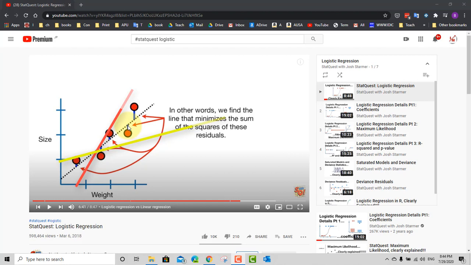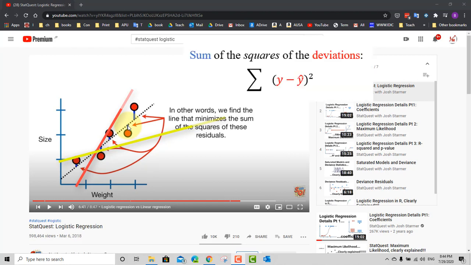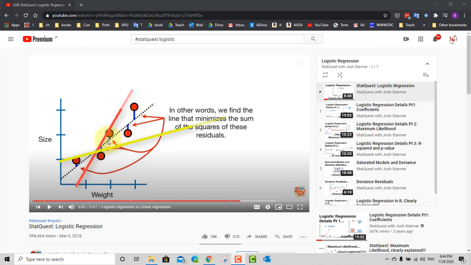And we talked before about the fact that we don't consider just the deviations, but rather the absolute value of the deviations or the squares. And usually it's the squares, not the absolute values. But whatever it is, we want to have the least.